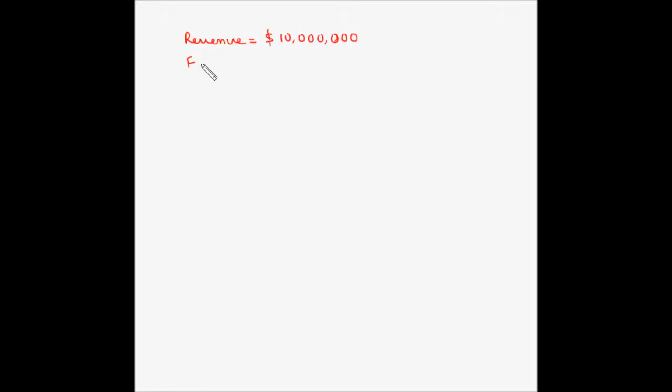The fixed cost is equal to $1.7 million, and the variable cost is equal to $8.2 million.